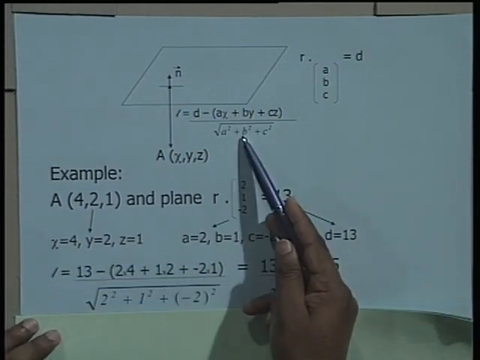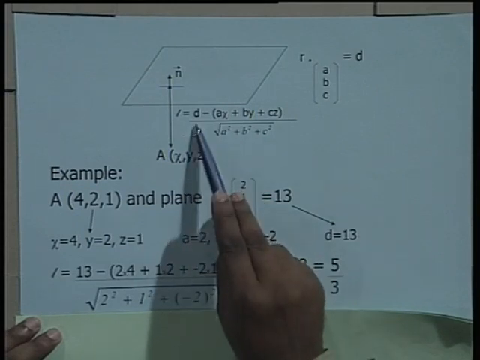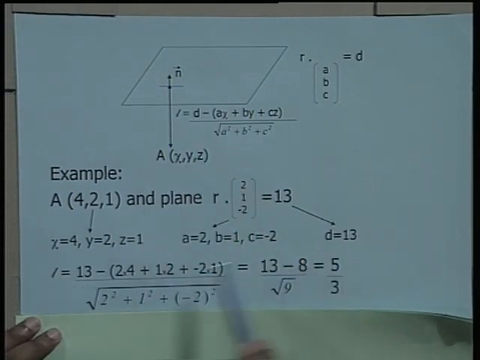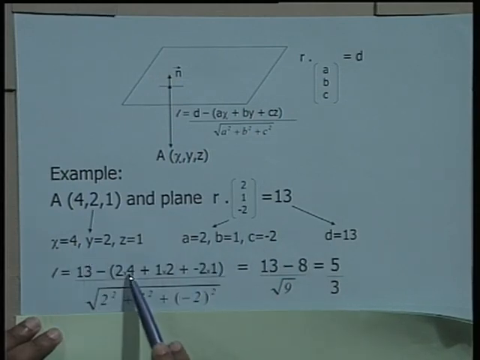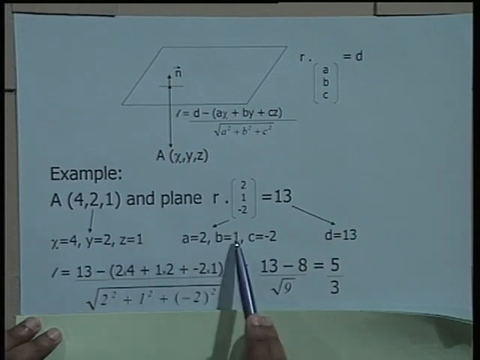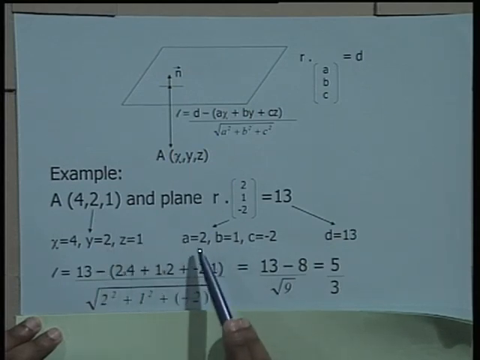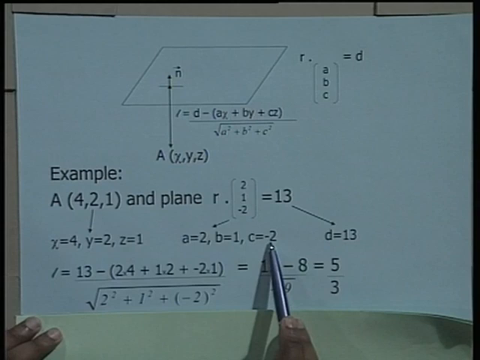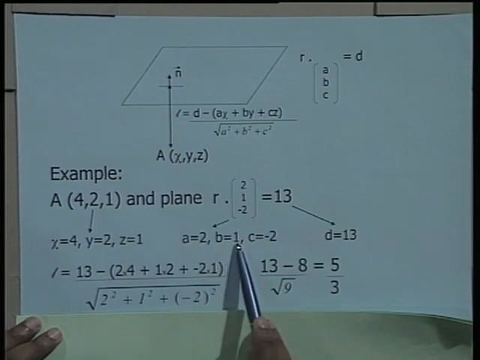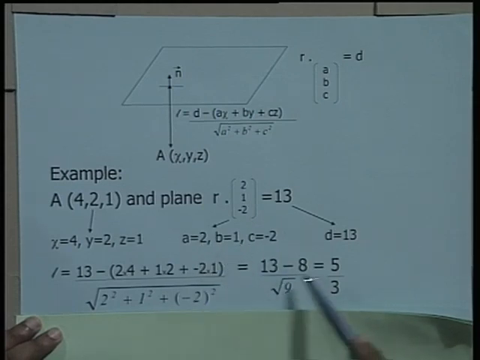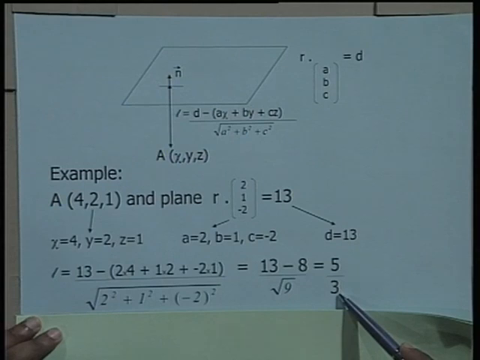Replacing in our formula, we obtain d, which is 13, minus a times x, 2 times 4, plus b times y, 1 times 2, plus c times z, -2 times 1, divided by the square root of a squared plus b squared plus c squared, which gives us 5/3.